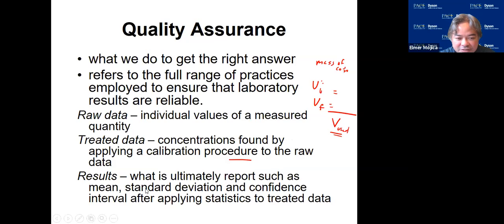And then the results that you have is what is ultimately reported, such as mean, standard deviation, and confidence interval after applying statistics to treated data. So the results that you have have already undergone some calculations, have undergone treatment, maybe statistics in some of them.